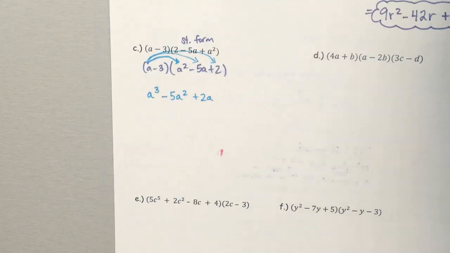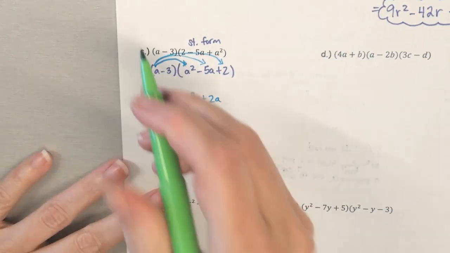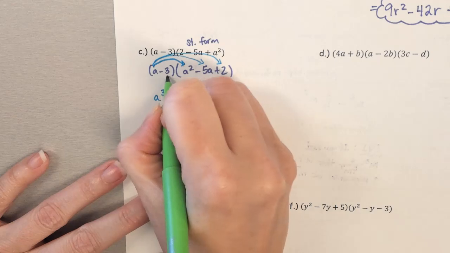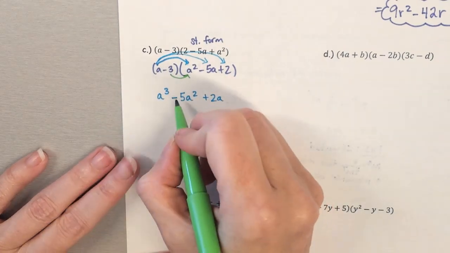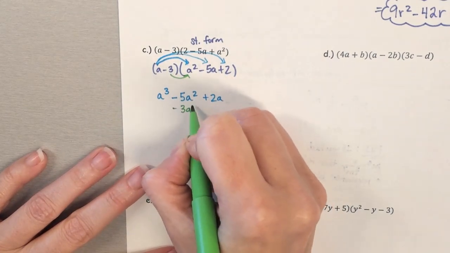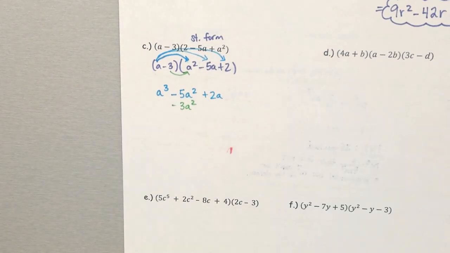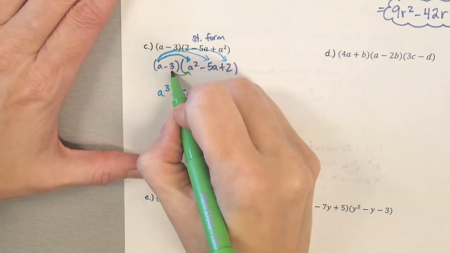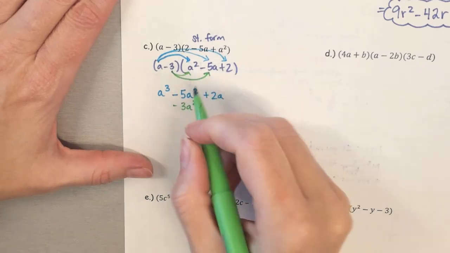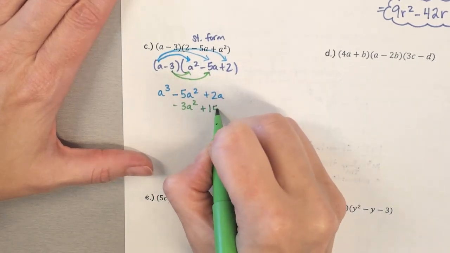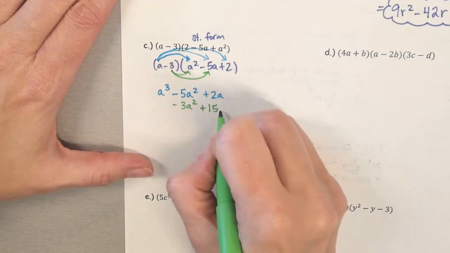Now you have to distribute everything with the negative 3. So negative 3 times a squared is negative 3a squared. I like to line up my like terms together. If you like to make the big line, that's fine too. Both of those are going to work. And then a negative times a negative is going to turn into a positive. So negative 3 times negative 5 is 15.